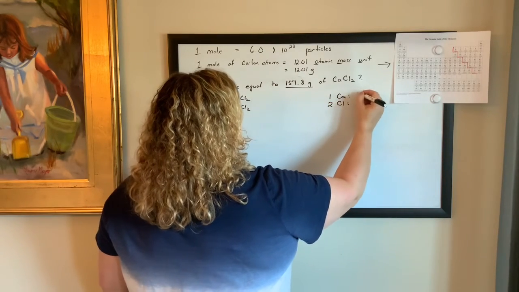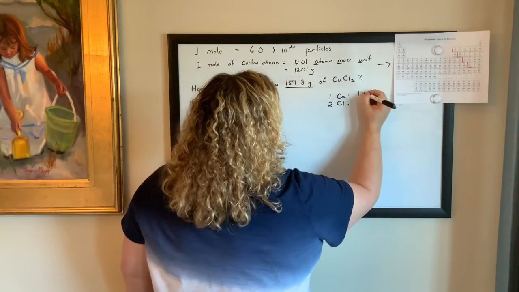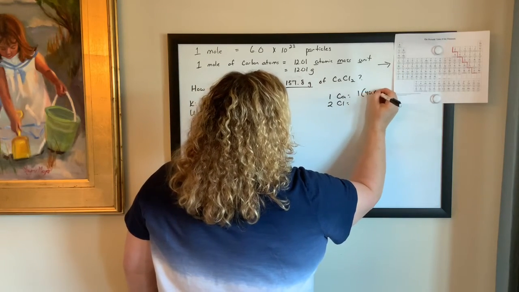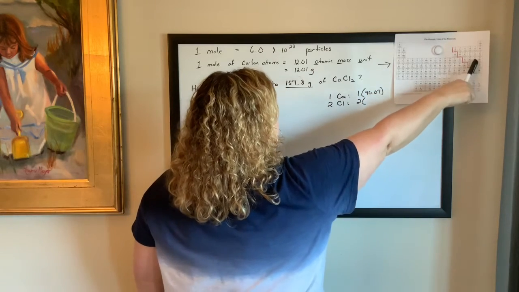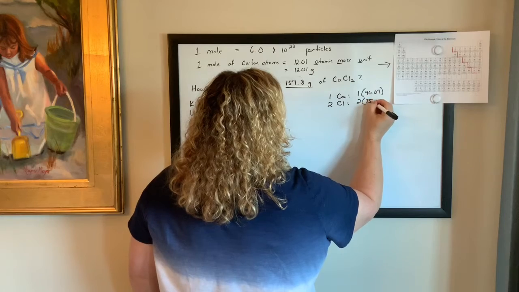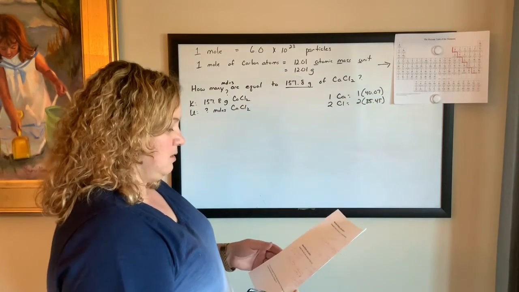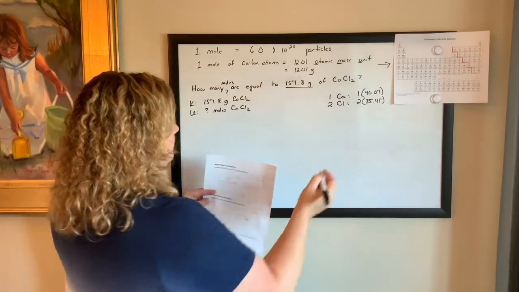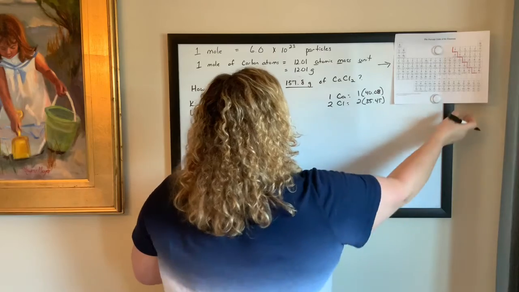So let's figure this out. 1 calcium times 40.07. And we have 2 chlorines, and our chlorines are 35.45. So we can multiply those out, and actually, let me look at this one. Let's change this to a 0.8 if I'm rounding correctly.